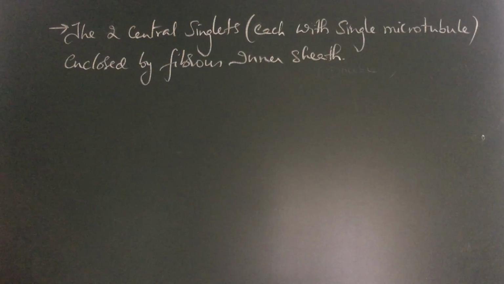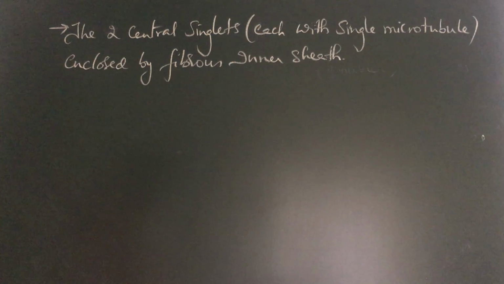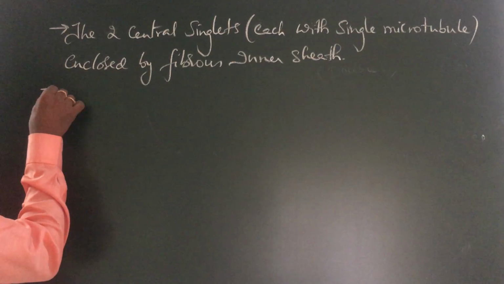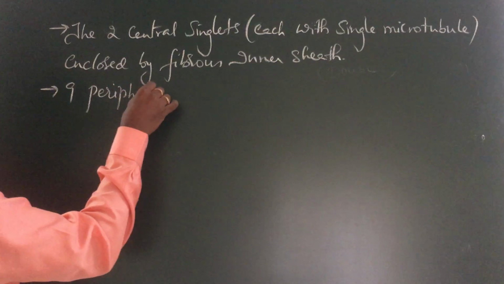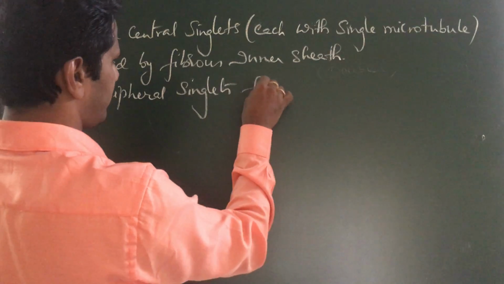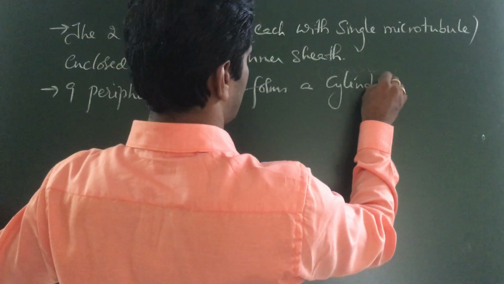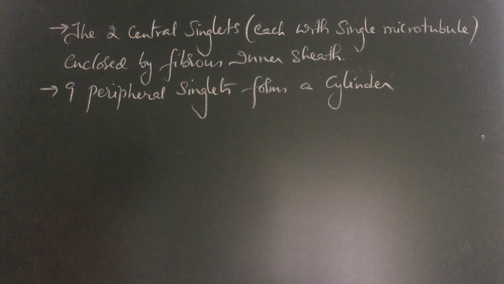So that is the central sheath which covers those central singlets. The 9 peripheral doublets form a cylinder.